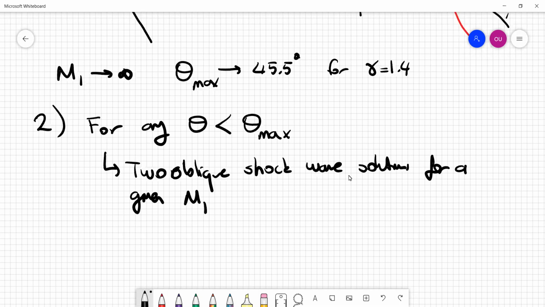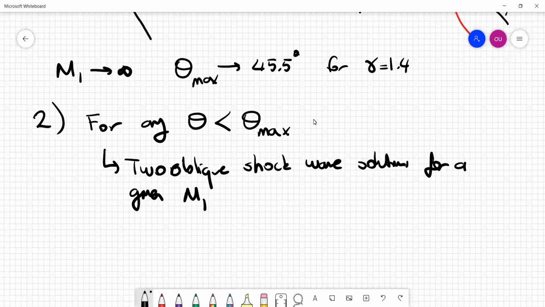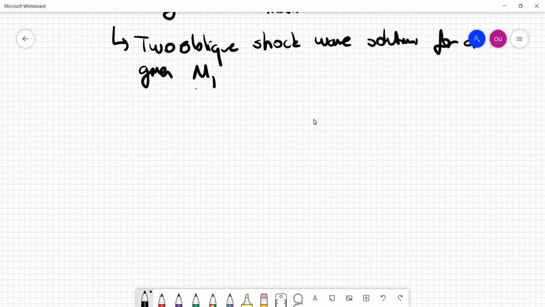We will also see that when we are discussing the theta beta M diagram. One of them is called a weak shock solution, and the other is called a strong shock solution.